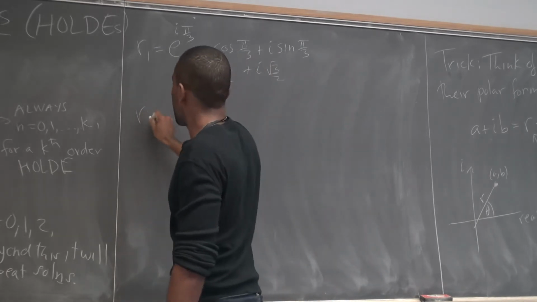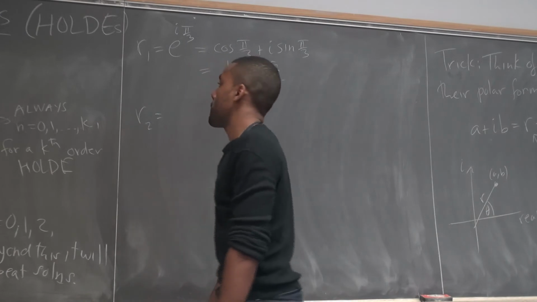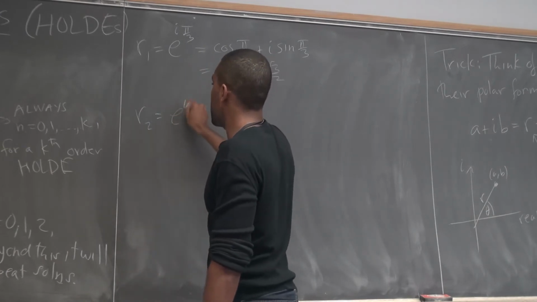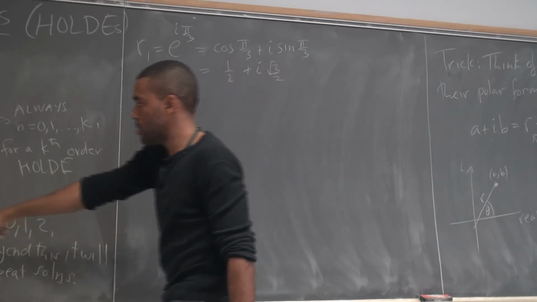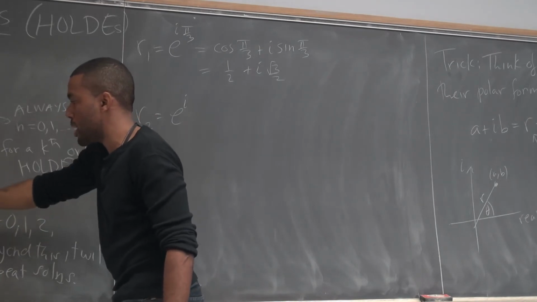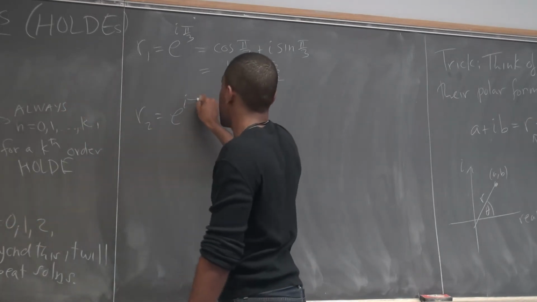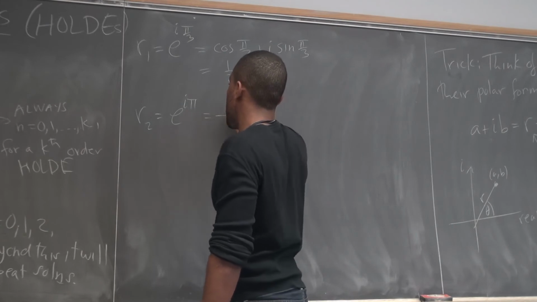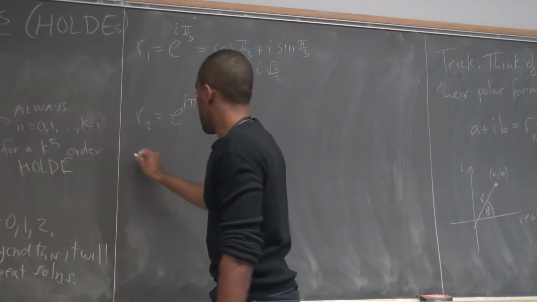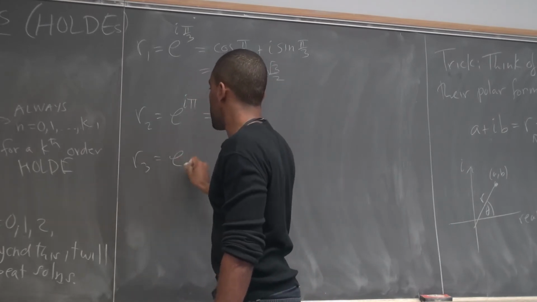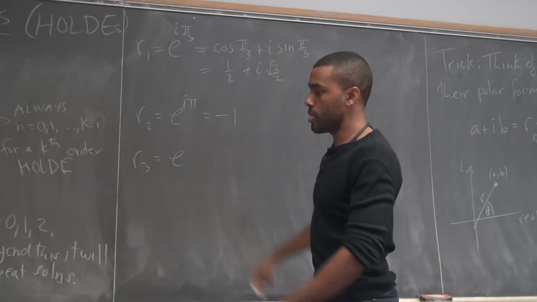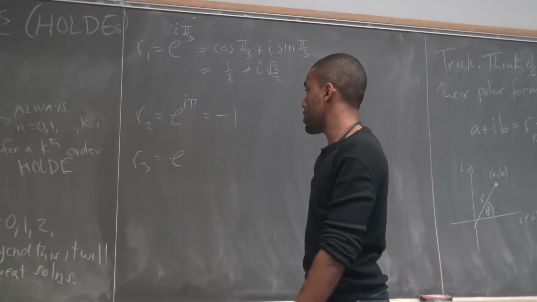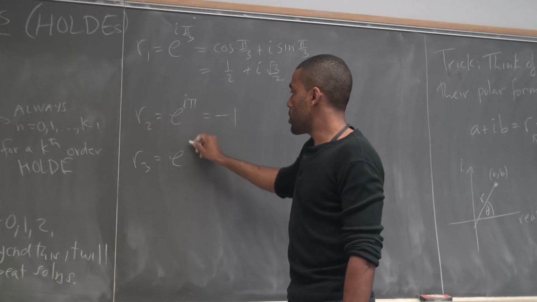Okay. Now let's go to r2. This means e to the i, plug in n equals 1. If n equals 1, I get pi plus 2 pi. That gives me 3 pi over 3. That's just e to the i pi, which I know is minus 1. r3. I'm going to show you a trick how you could have gotten rid of this if we have something bigger in the bit.